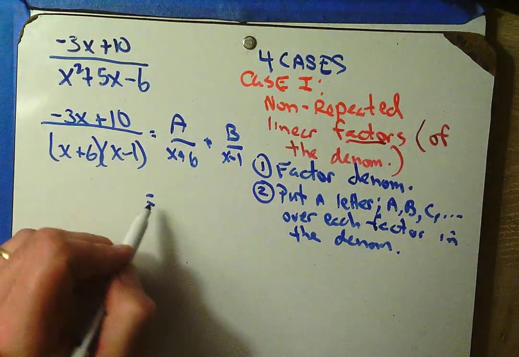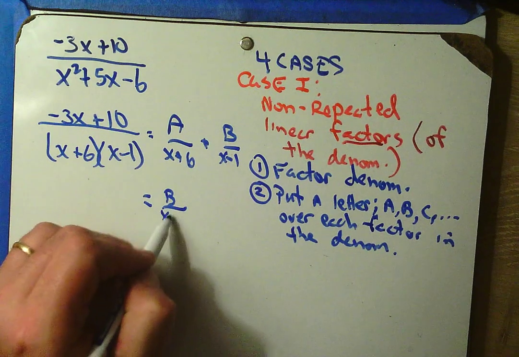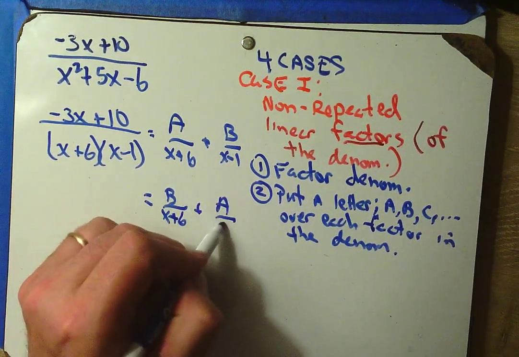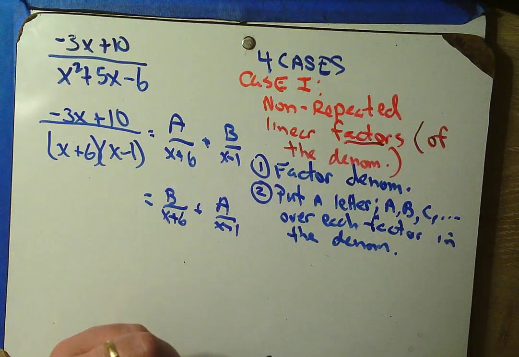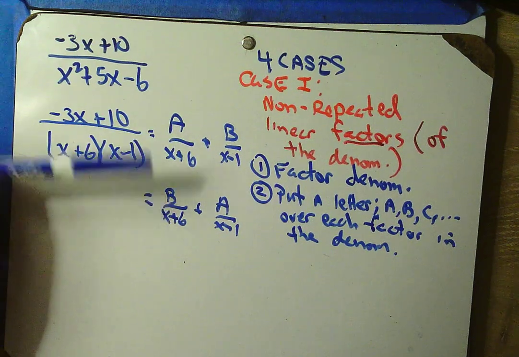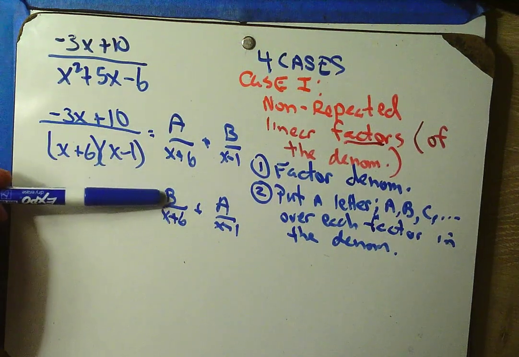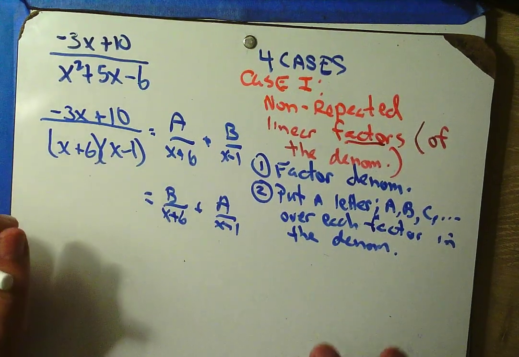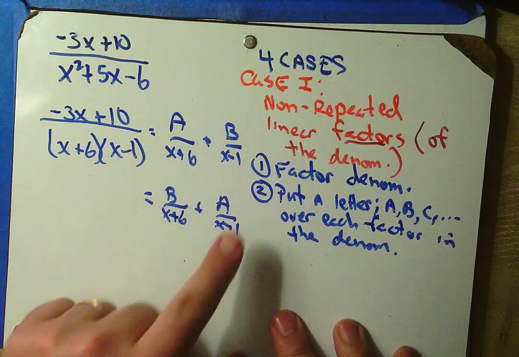Now, you could also write B over x plus 6 and A over x minus 1. It really doesn't matter. It's completely arbitrary. The student who does this versus the student who does this, this student's A will be that student's B. The end result will be the same regardless of which way we start the problem, okay?